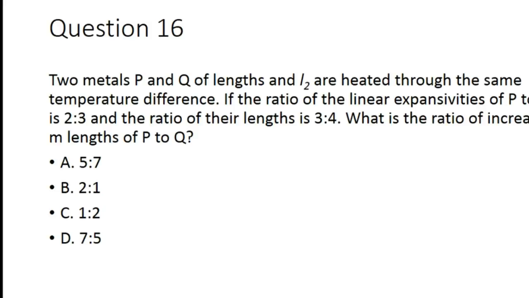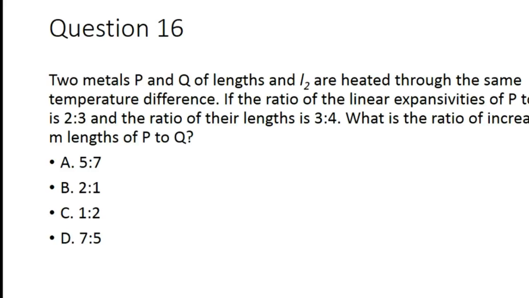Now, for us to find the ratio of the increase in length of P to Q, let's use the formula: change in length of P over change in length of Q. This equals 2 times 3 times the change in temperature all over 3 times 4 times the temperature change. This will be equal to 1 over 2. And this will give us a ratio of 1:2.